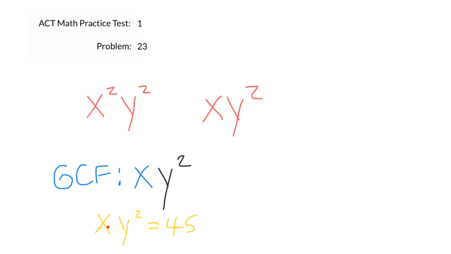So once again, there is some number times a perfect square equals 45. That's the way to think about it. Well, what's one of the factors of 45 that's a perfect square? Well, 9, right? Isn't 9 a perfect square? So in other words, we could think x times 9, 3 squared, equals 45.